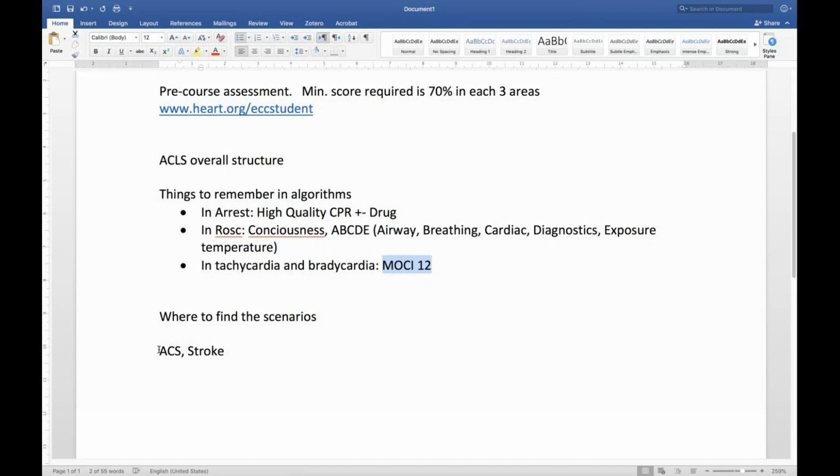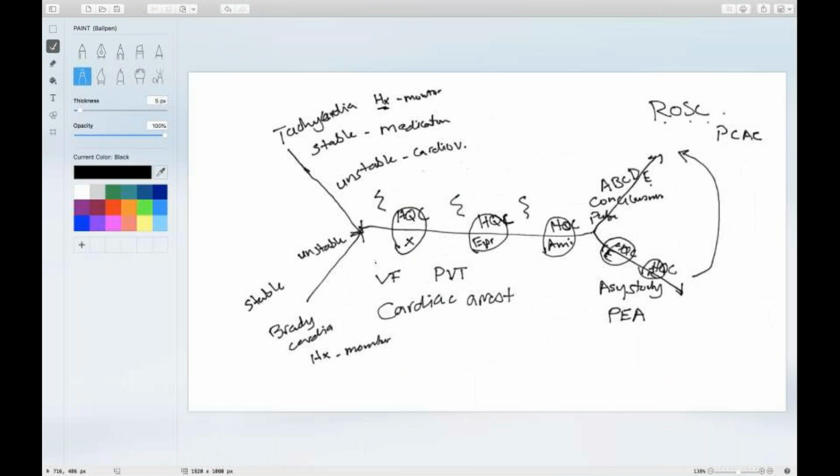What is the thing about ACS and stroke? Why are ACS and stroke here? If the patient has acute coronary syndrome, what will happen? He might develop arrhythmia in the form of bradycardia or in the form of tachycardia.